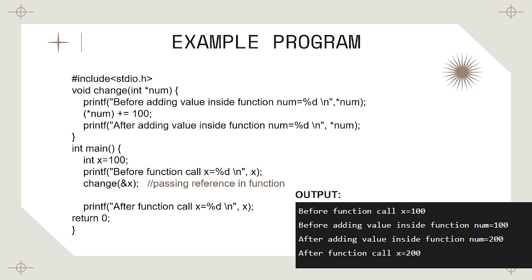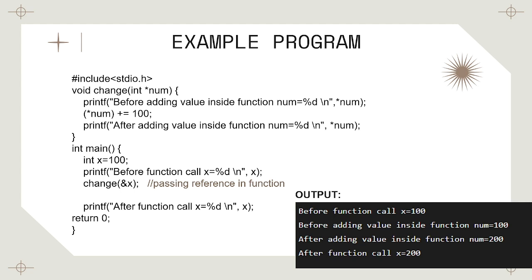Before adding the value inside the function, the value of num is 100. Now when you say *num = *num + 100, the value will be changed in both the function as well as in the main program. Now the value of num, 200, will be printed inside the function.